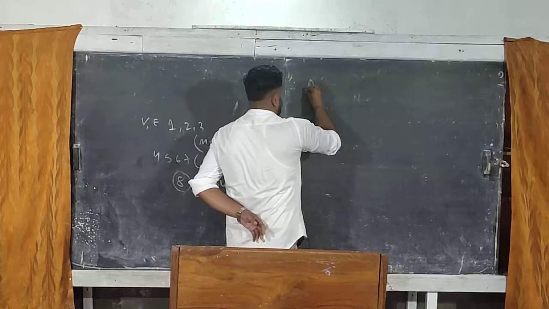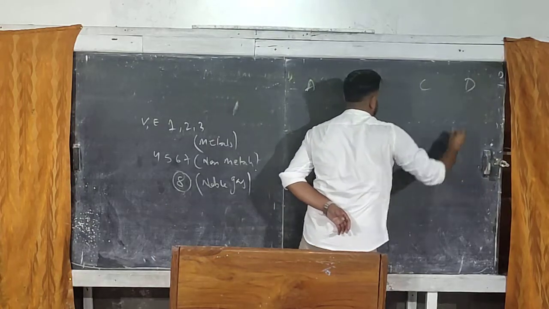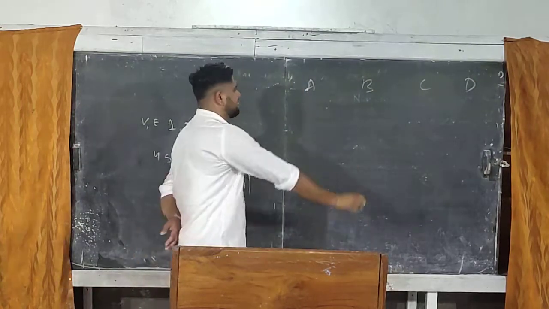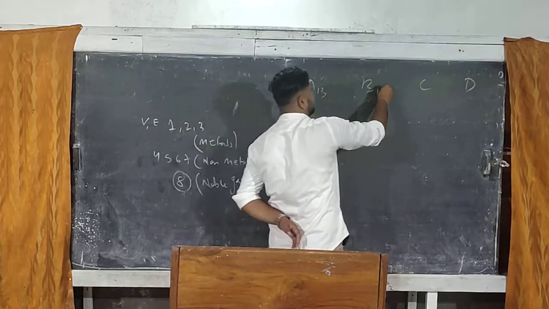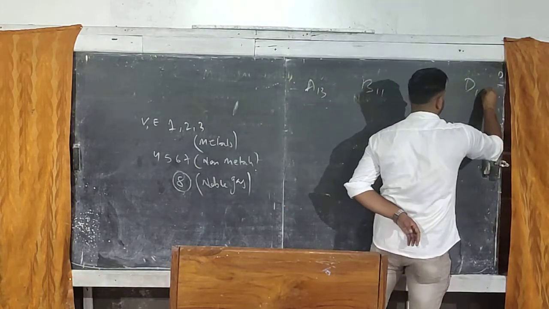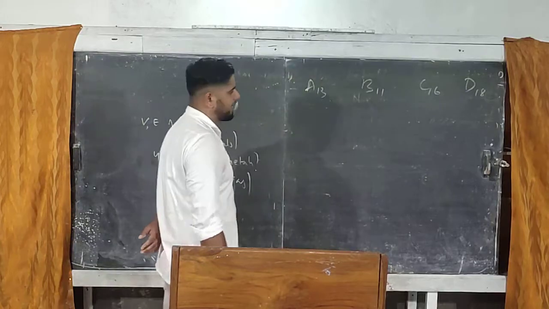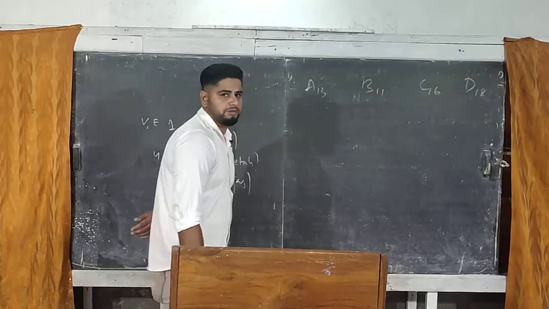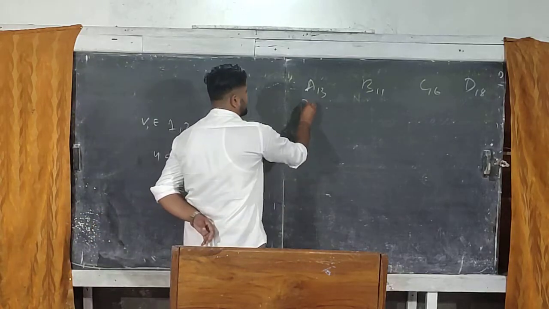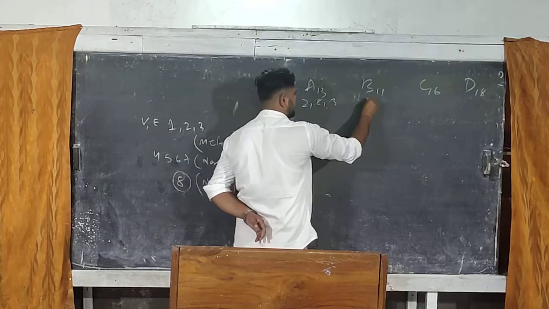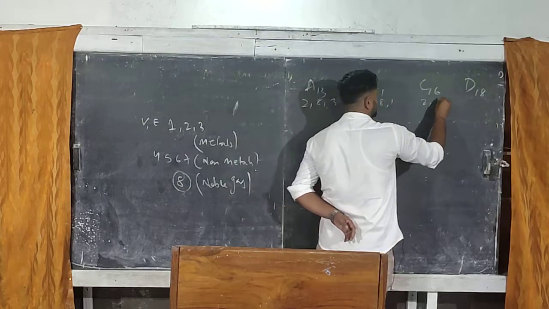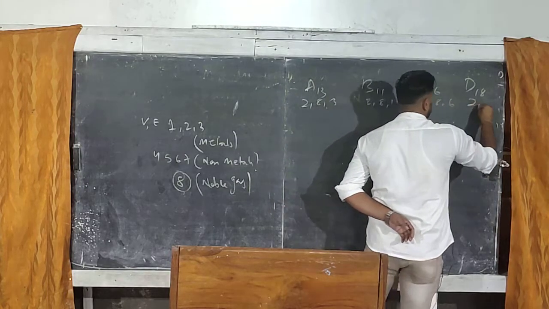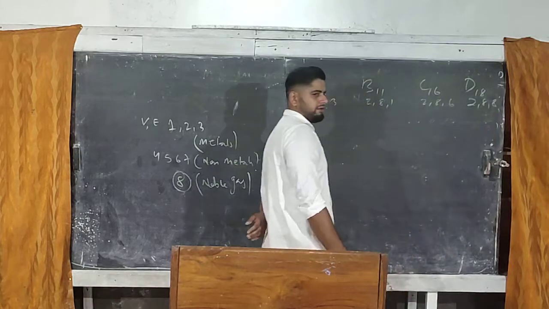Now I will give you a simple example to identify whether the given elements, suppose A, B, C, D, with atomic numbers 13, 11, 16 and 18, are metal, non-metal or noble gas. Simply you do electronic configuration: 2,8,3; 2,8,1; 2,8,6; and 2,8,8.